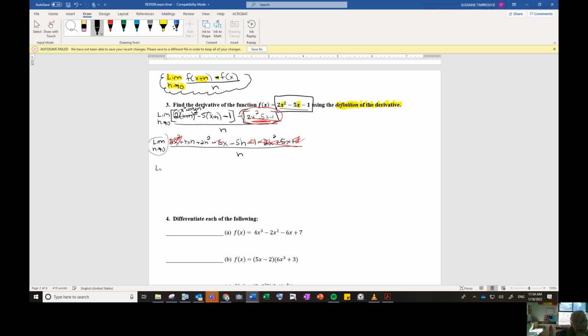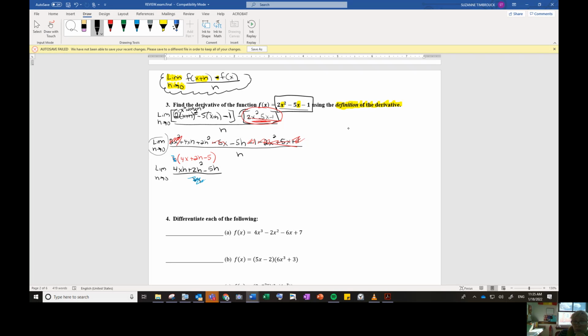All right, I still have the limit as h approaches 0, and I'm going to collect what's left, and everything left should have an h in the numerator. All right, your next self-check is you're going to factor out that h, leaving you with 4x plus 2h minus 5. And this is where the denominator will cancel. It's with that h that's in every term in the numerator.